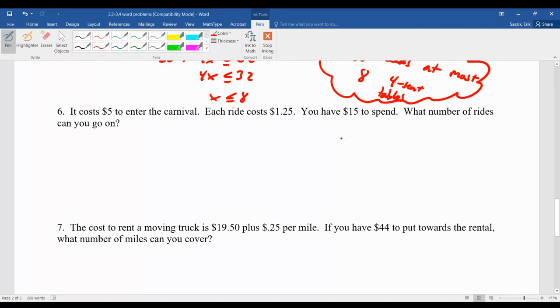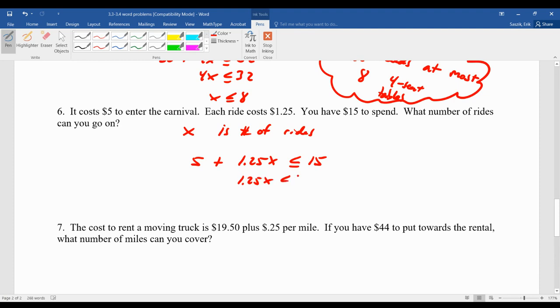This is a classic type problem similar to the one with the stamps in the previous page, dealing with money. Here we're talking about rides. X is number of rides. But to get into the carnival, it costs $5. Then you pay $1.25 per ride. You can't spend more than you have.